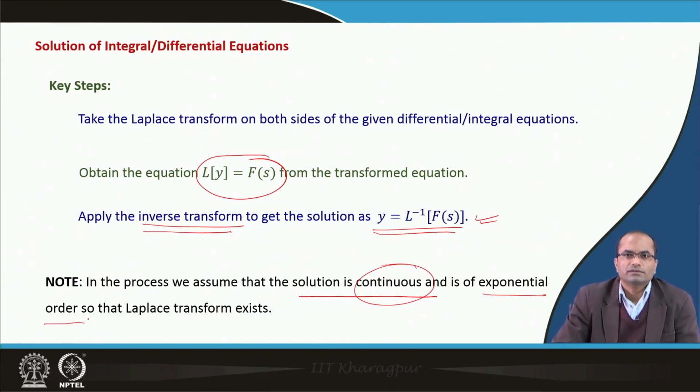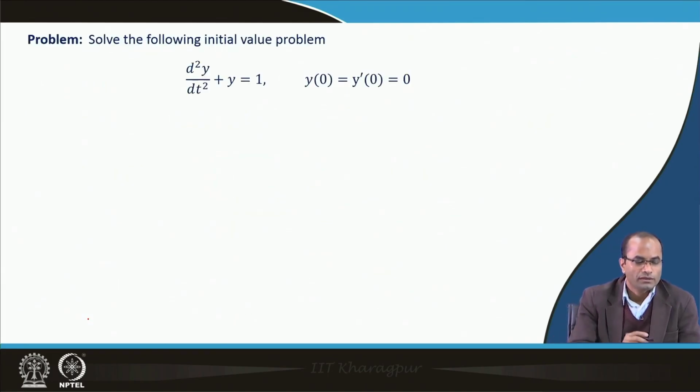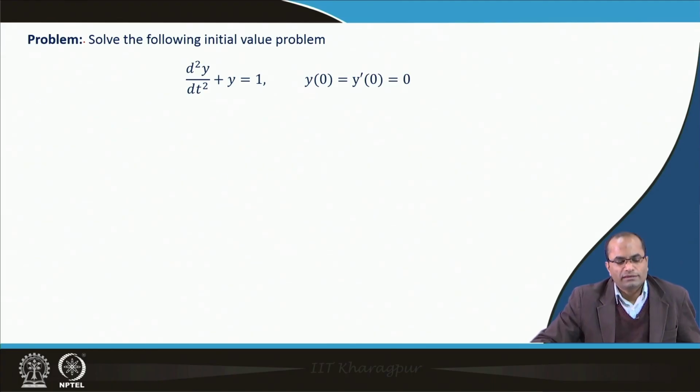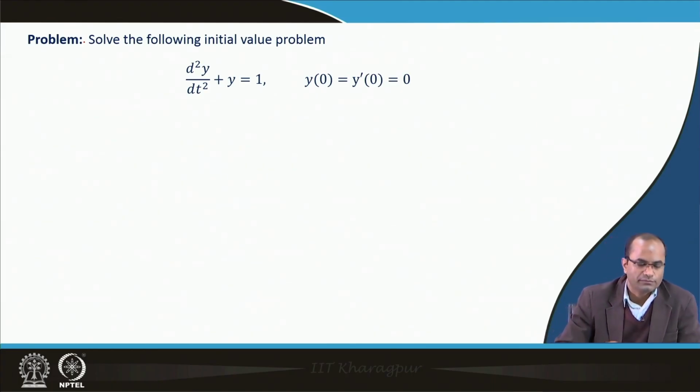So, naturally, when we are talking about taking the Laplace transform on both the sides of a given differential equation, we have to assume that the Laplace transform exists. The process will be clear with the following example, and then we will be doing many other examples.